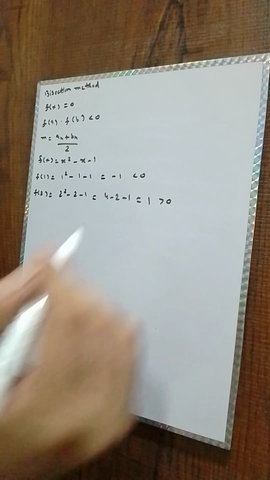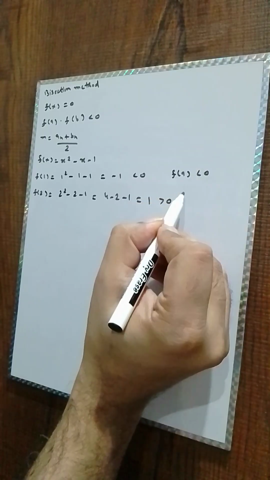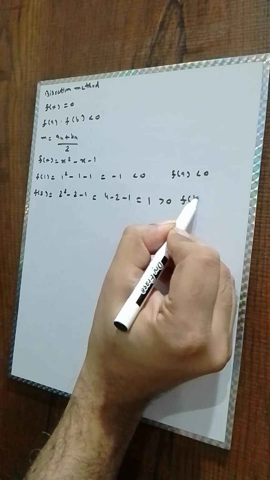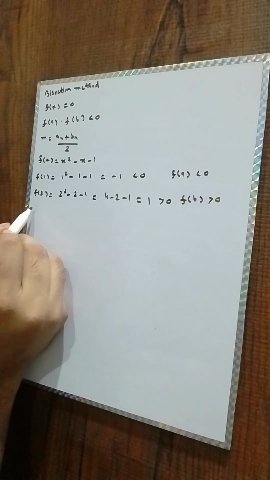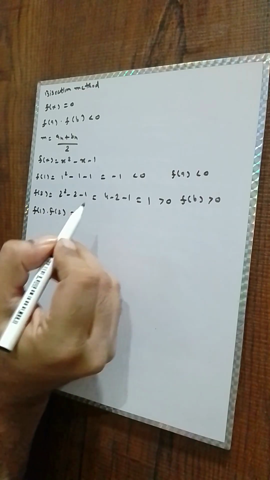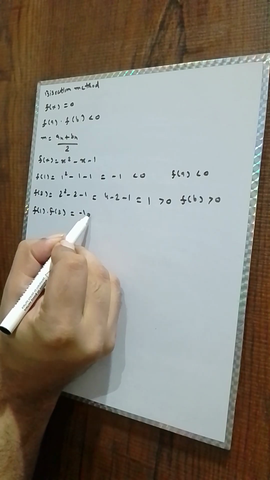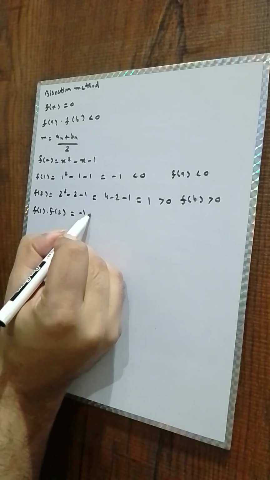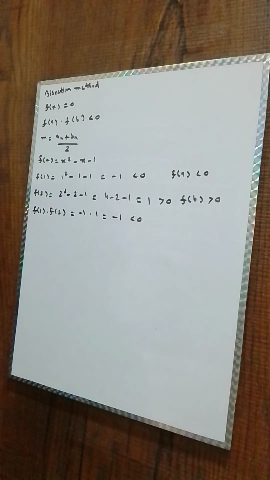You see, so f at a is less than 0 and f at b is greater than 0. So two situations, and now we check the product. F at 1 times the f at 2 is equal to what? Minus 1 into 1 is equal to minus 1, which is less than 0.